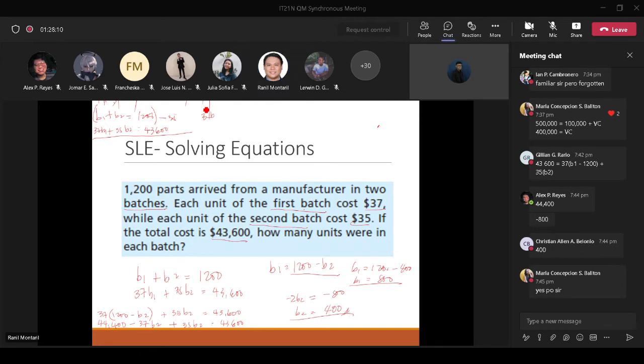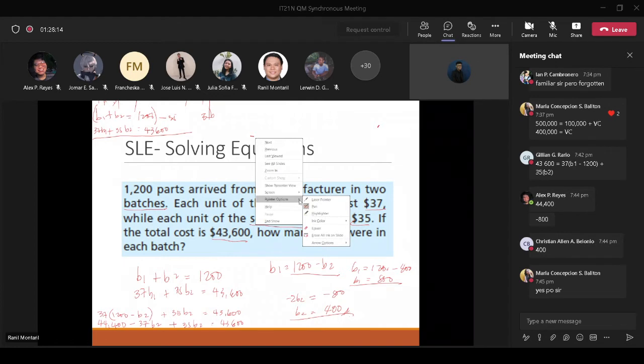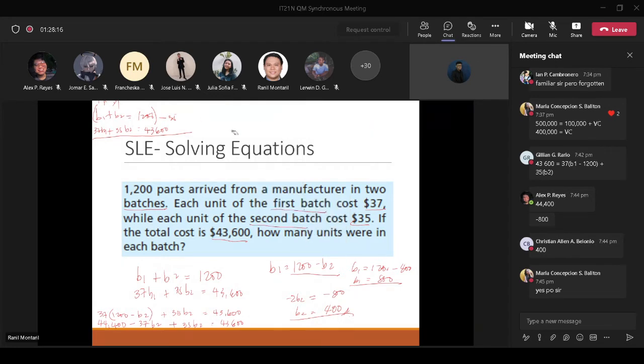This will lead to negative 35B1 minus 35B2 is equal to negative 35 times 1,200.